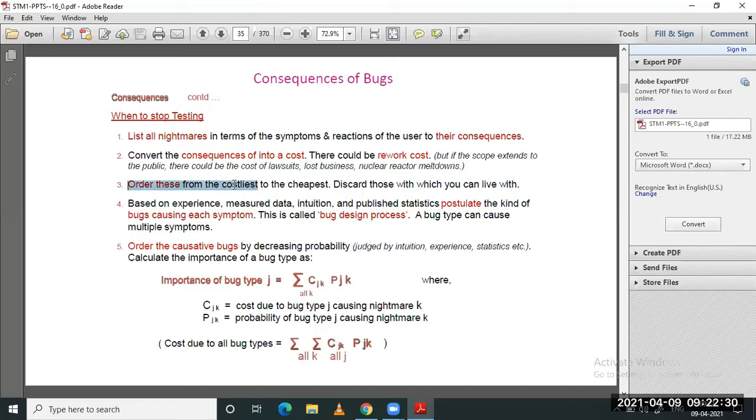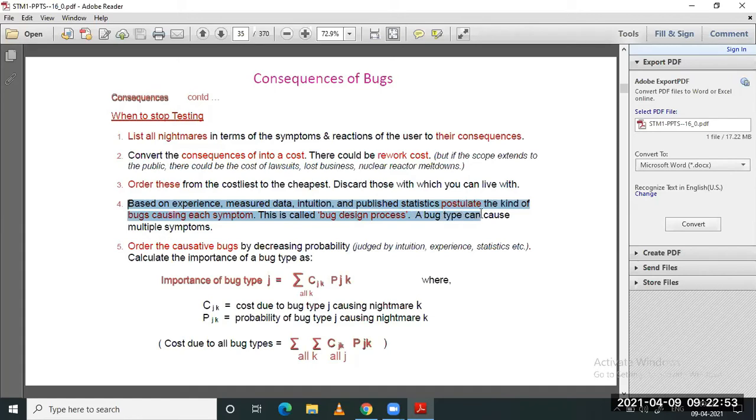Order these from the costliest to the cheapest, and discard those you can live with. Based on experience, measured data, intuition and published statistics, postulate the kind of bugs causing each symptom. This is called the bug decision process.